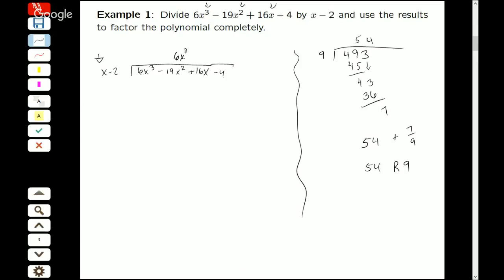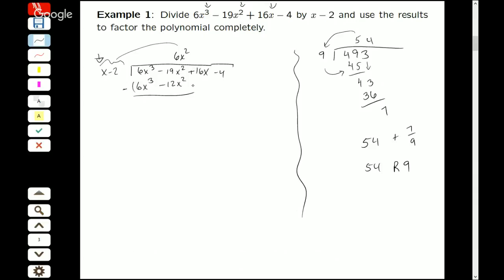Yeah, 6x squared. And now I'm going to multiply that by the x minus 2. So 6x squared times x minus 2. Just like I multiplied the 5 times the 9 to get the 45, I'm going to do the 6x squared times everything. So that gives you a 6x cubed. And what is 6x squared times your minus 2? Negative 12x squared.